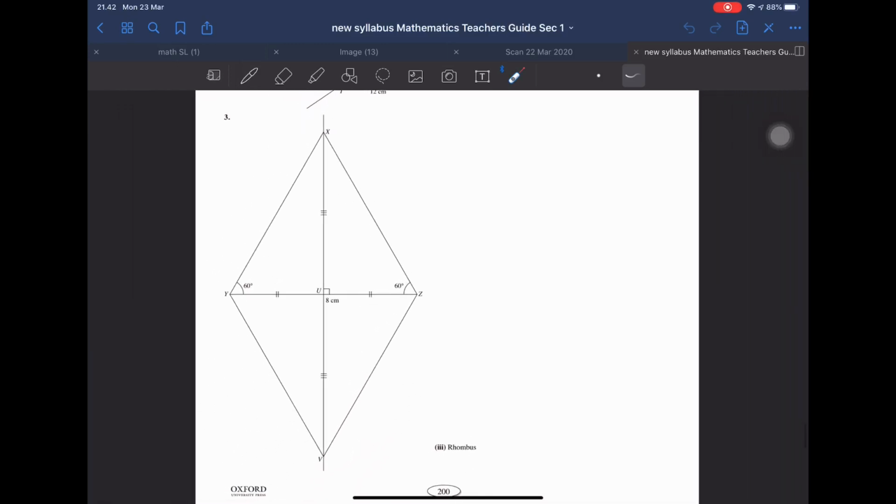So you are asked to make 2 triangles. Okay, first one, at first triangle YZ, the base is 8. And then the angle 60°, so you can just use the protractor for this, make it 60. Do the same thing, make it 60 also. After that, the next instruction is the perpendicular bisector.